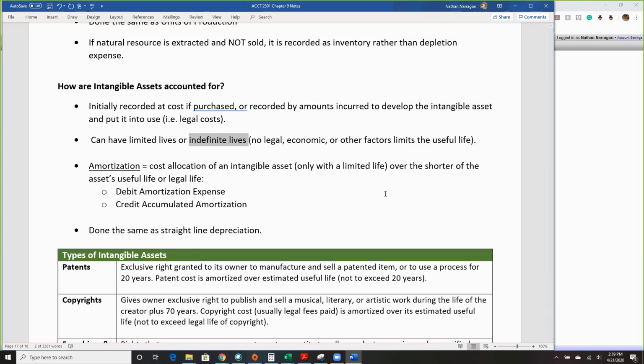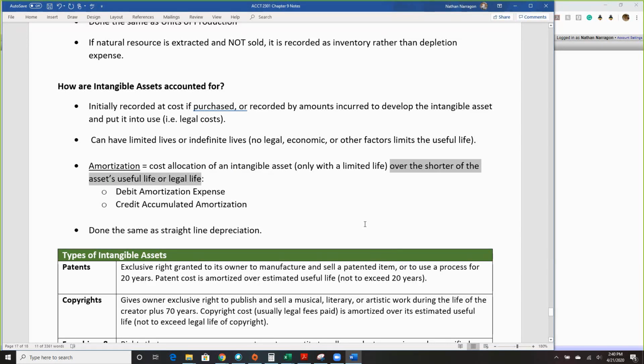So if it's infinity, it is extremely hard to get something down to 0. So we have to watch out for that. So only limited life items. And then it's over the shorter period of its actual useful life or legal life.